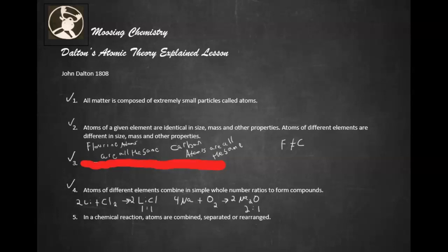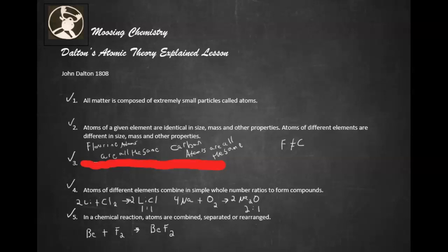And let's look at statement number 5. It's kind of like statement number 4. In a chemical reaction, atoms are combined, separated, or rearranged. So let's combine some atoms. Okay, let's do beryllium plus fluorine yields beryllium fluoride.